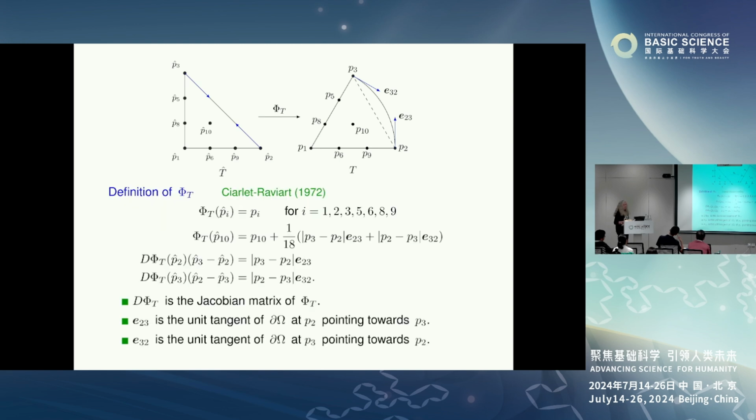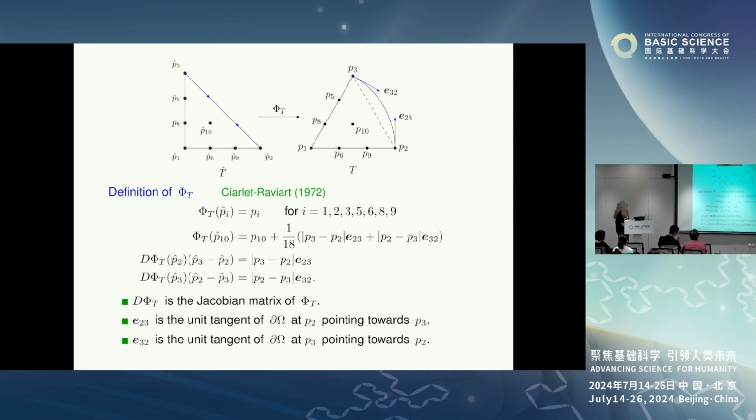So here's the definition of phi T, which is from a 1972 paper by C.R. Lay and Raviart. I won't go into the details of this, but it's important to note that P3 hat is mapped to P3, and this vector is mapped to a vector tangential to the boundary of omega.